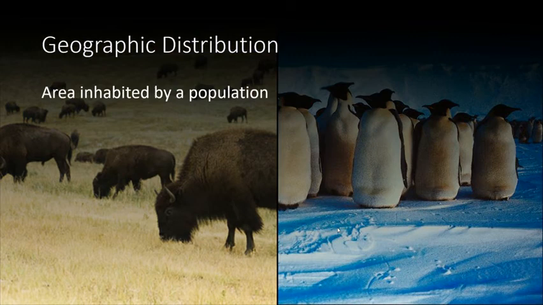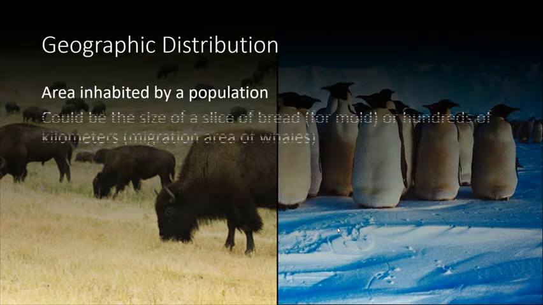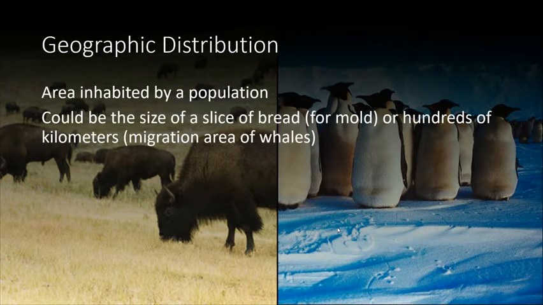So the geographic distribution is the area that's inhabited by a population. This can be small or large, right? Let's say you're talking about a population of mold. It might just be the slice of bread that the mold is on. Or you have whales that migrate over hundreds of kilometers in the ocean. So literally the area that's inhabited by its population is its distribution.